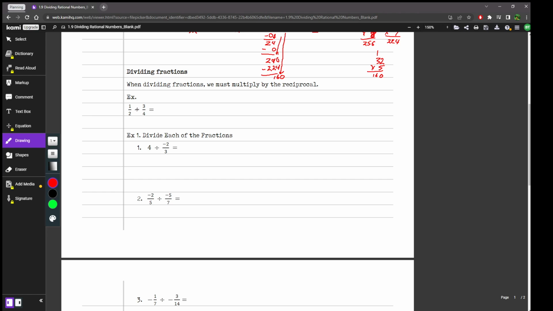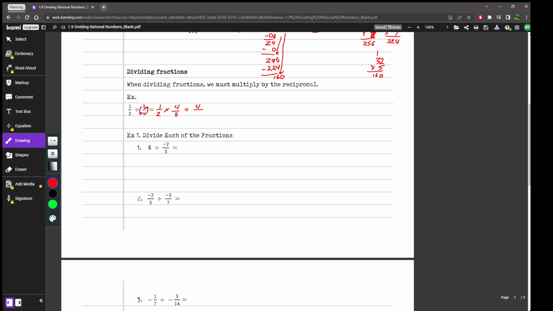So in order to do this, again, we are multiplying by the reciprocal. So our first number stays the same. We turn it into a multiplication sign, and then we're going to multiply by the reciprocal. And all you do is you flip this one upside down. So now it becomes 4/3.